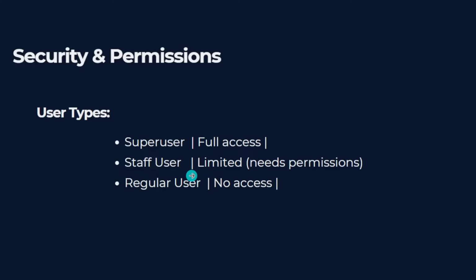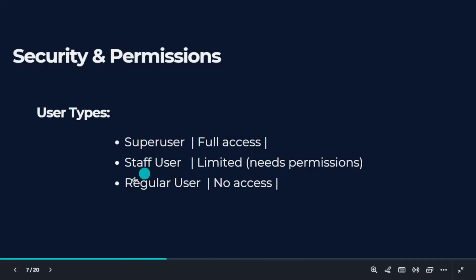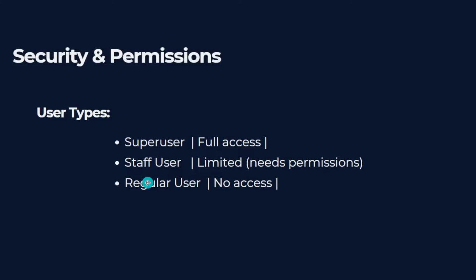He is called a staff user. The superuser has full access, and the staff user has limited access. And the regular user has no access. He is a normal user and doesn't have any extra access. The staff user has limited access, and the admin superuser has full access.